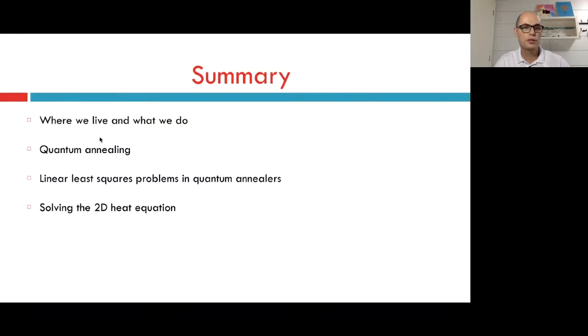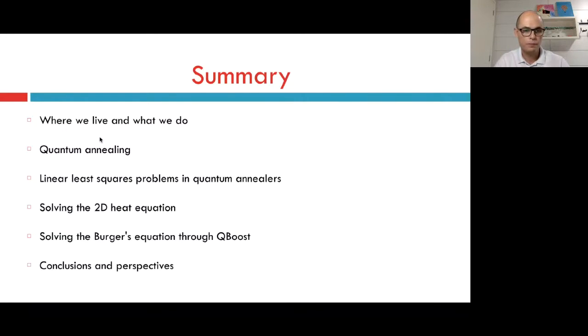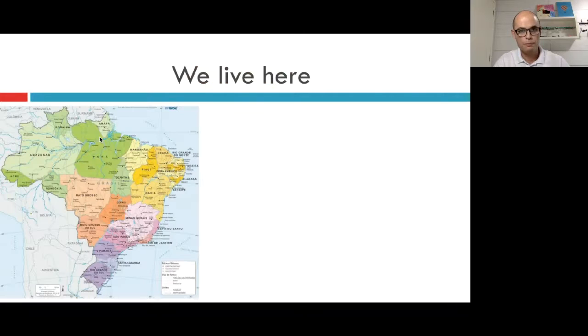One of them is the heat equation in a two-dimensional plate, and then I will solve the one-dimensional Burgers' equation, but here using a different method based on machine learning. And then I will present the conclusions and perspectives of this work.